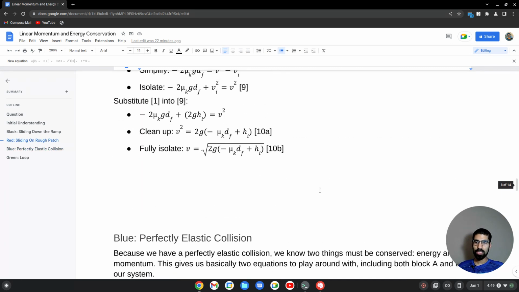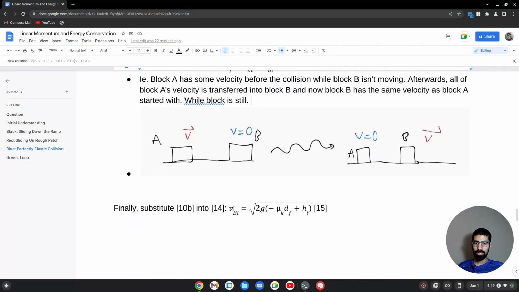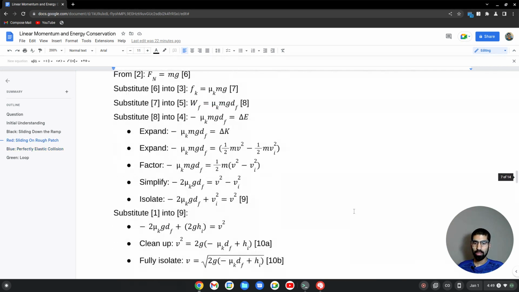So this is just a bit of intuition to keep in mind. Anyways, all of this complicatedness is just to say that the velocity we need for block B continuing forward in this problem is going to be the same as the velocity we found in the last part.